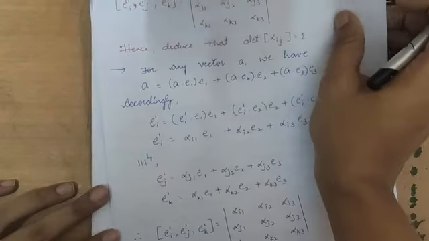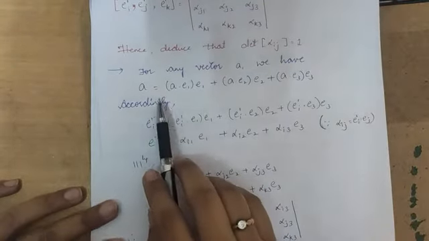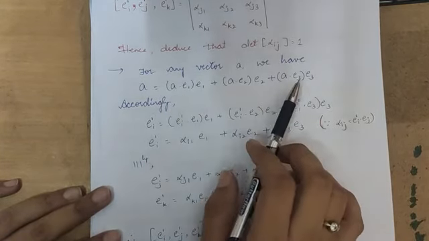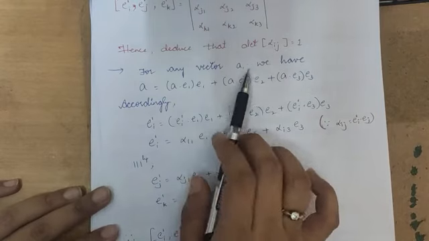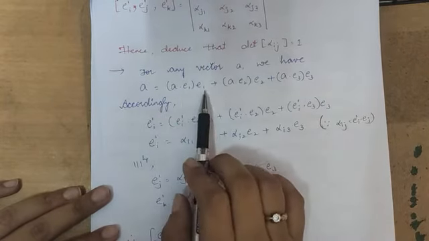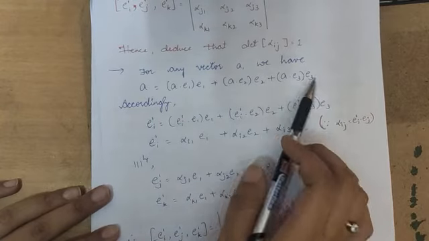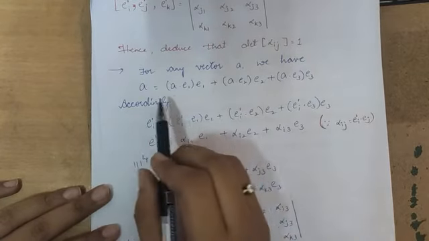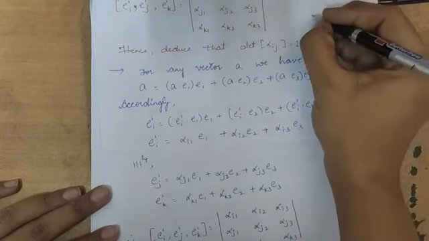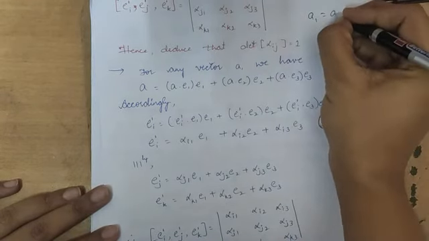So first what I have considered is, we know that any vector can be expressed as a linear combination of its base vectors. So I have considered some arbitrary vector A with a basis vector E1, E2, E3. Okay. So I know that I can write A1 as A dot E1.